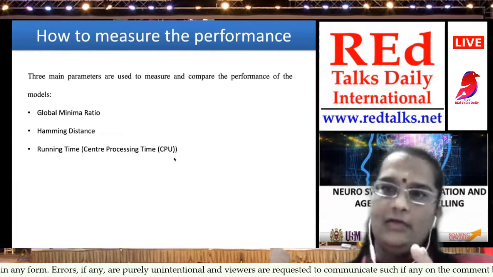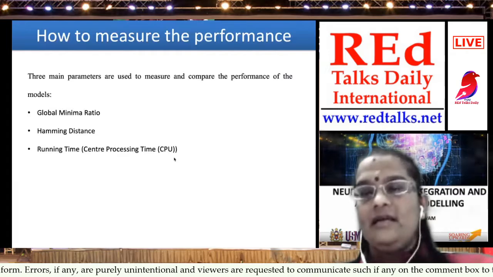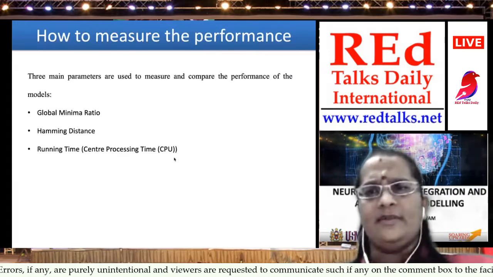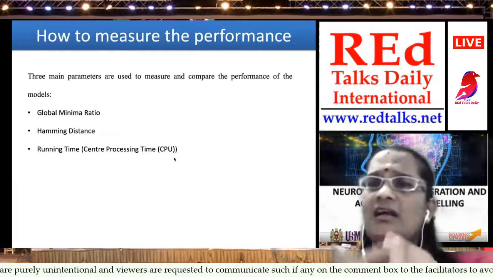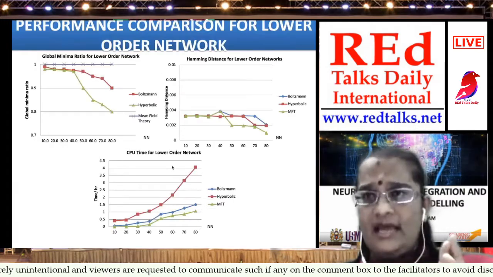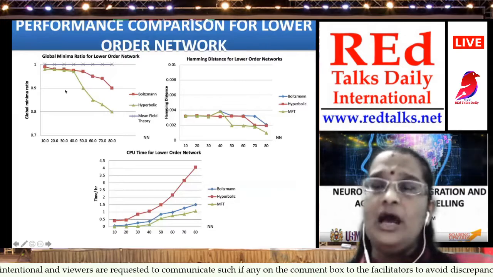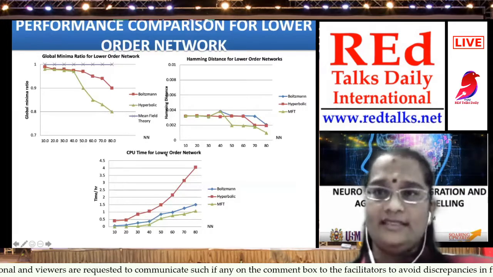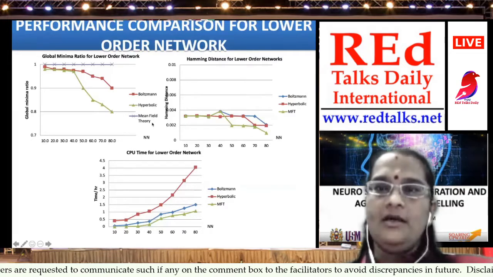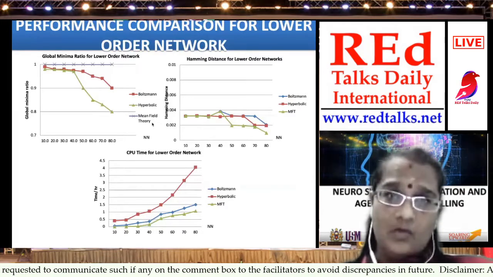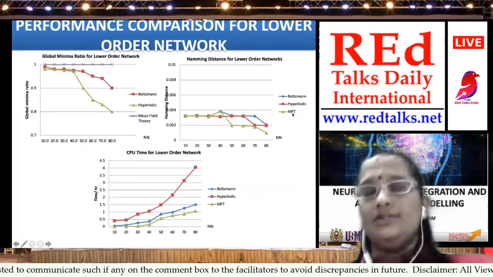But for higher level, you can use RMS, that is root mean square error, sum squared error, mean squared error, and Bayesian criterion. There are a lot of parameters which you can use to measure how effective the performance is.